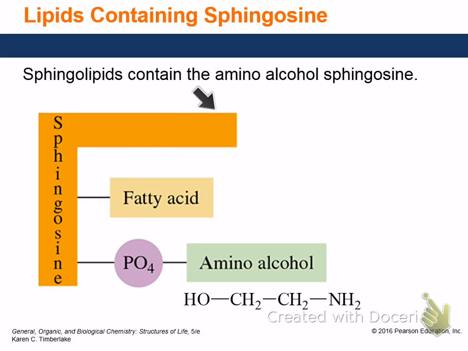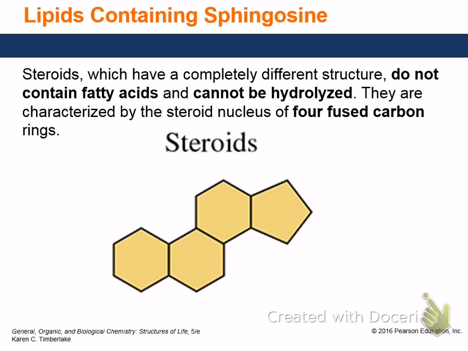It's part of sphingosine. And then you have one fatty acid, which you can vary, and then you have an amino alcohol, which you can vary. The amino alcohol is literally something like this, ethanolamine. Sorry, we'll keep going.